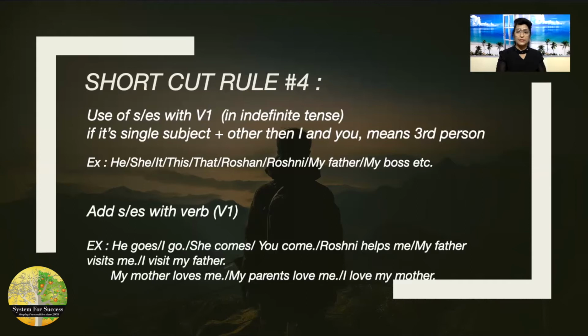My parents, जब आप parents word use किया, इसका मतलब mother और father दोनों उसमें आ गए, then it becomes a plural subject. So then the sentence will be, my parents love me. I love my mother. My mother loves me. My father loves me. My daughter loves me. My son loves me. My children love me. My friends appreciate me. My friend appreciates me.